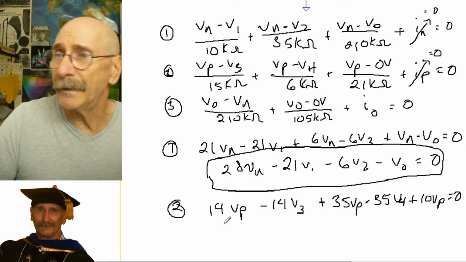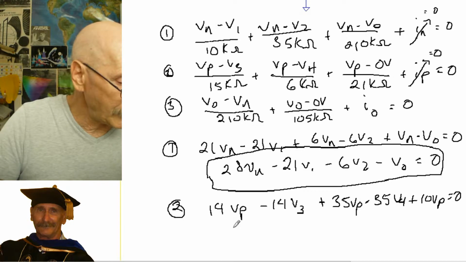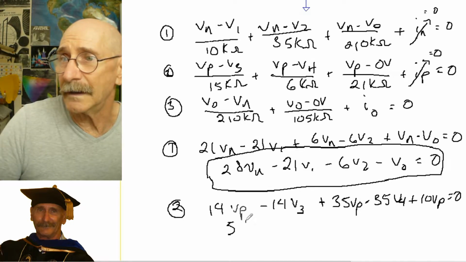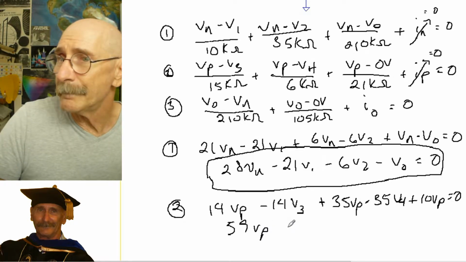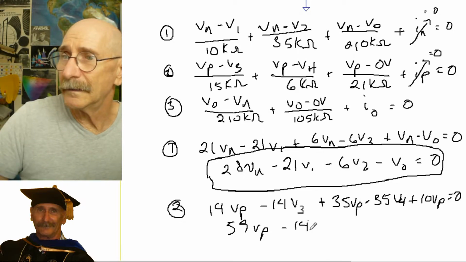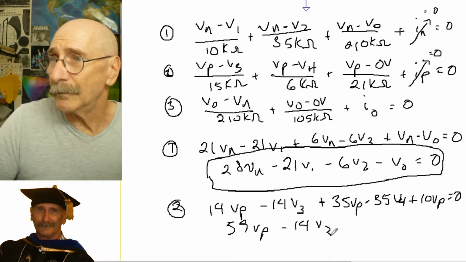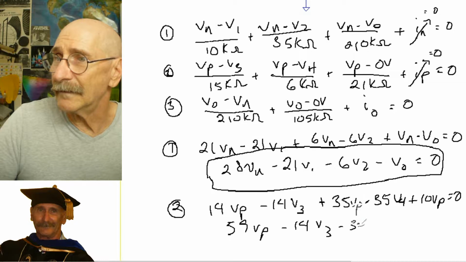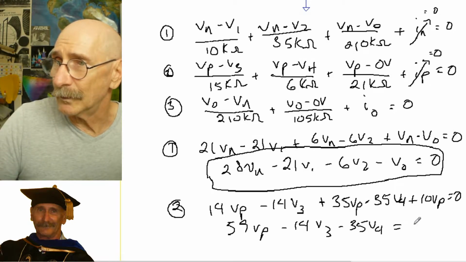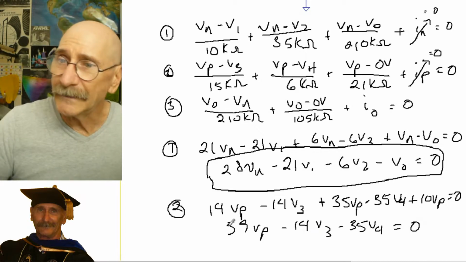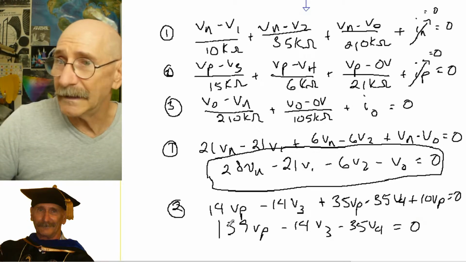We clean this one up and add common terms, and here we get 59 V sub P minus 14 V3 minus 35 V4 equal to 0. All right, that's our second guiding equation.